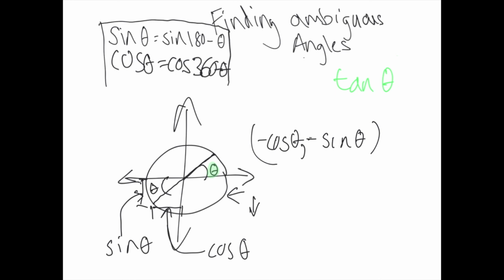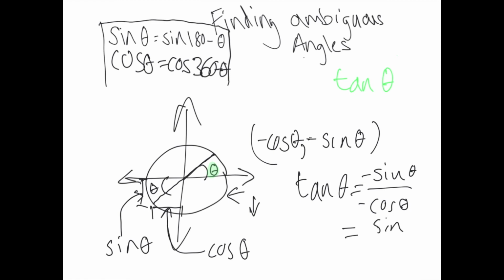But as we know, if we take tangent of theta here, that'll be equal to negative sine of theta over negative cosine of theta, which is equal to sine theta over cosine theta.